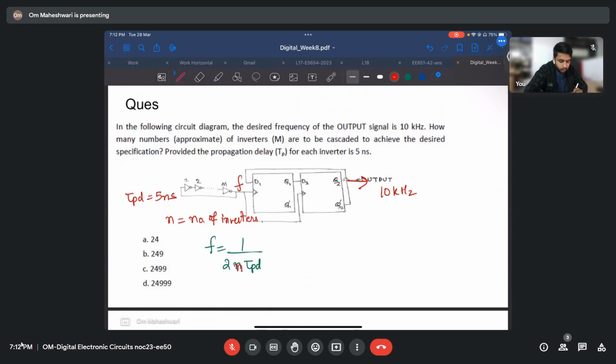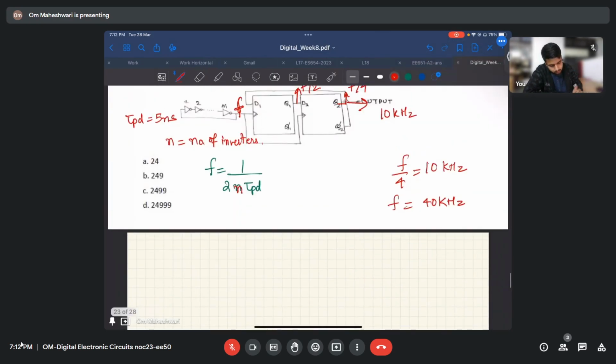Not here. So how does the frequency travel here? That we have seen: if here it is f, here it will be f by 2, here it will be f by 4, right? So f by 4 is 10 kilohertz. So f is 40 kilohertz. So f is also known now, f equals 40 kilohertz.